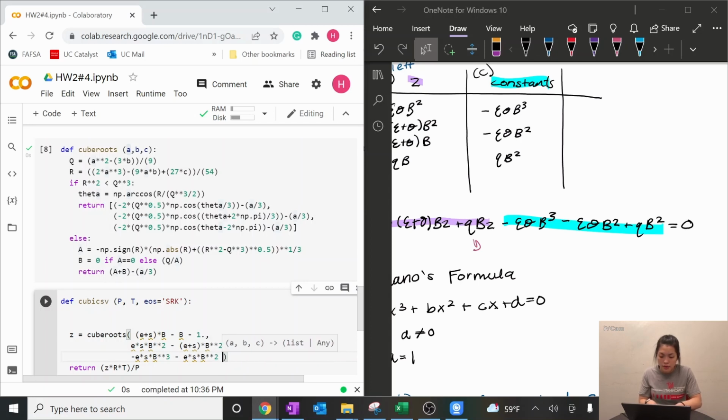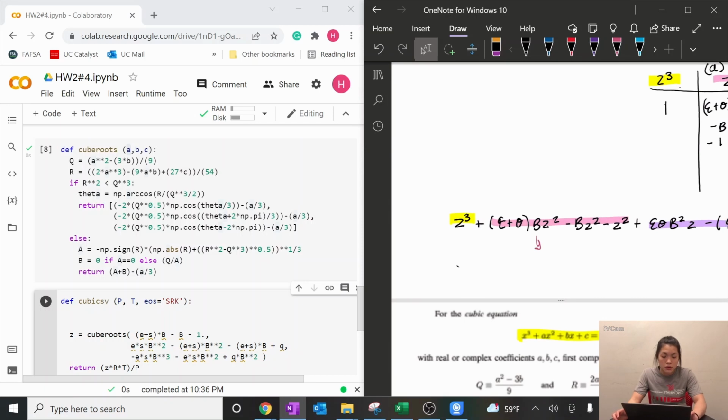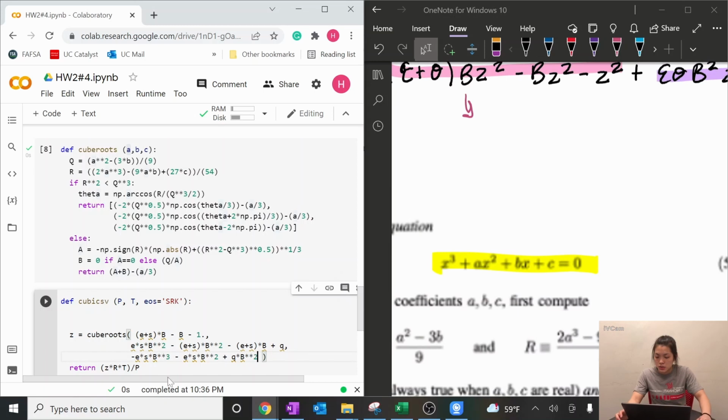And then we have plus Q times beta squared. And so those are all of our terms for the different cube roots. So we have all the terms that go with A, all the terms that go with B, and all the terms that go with C.